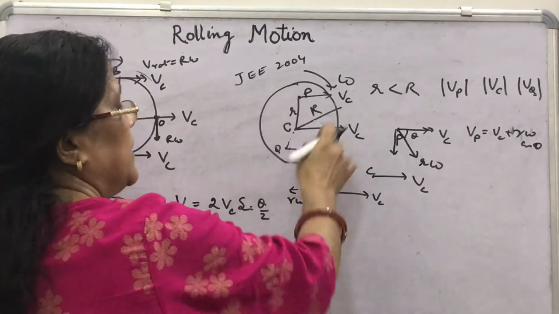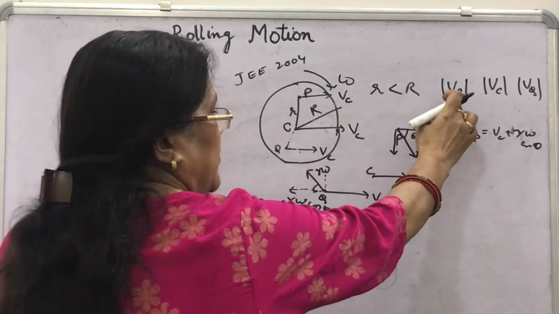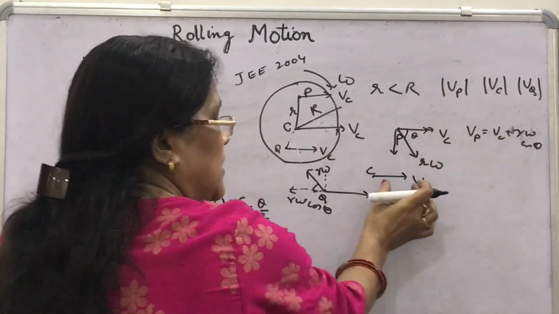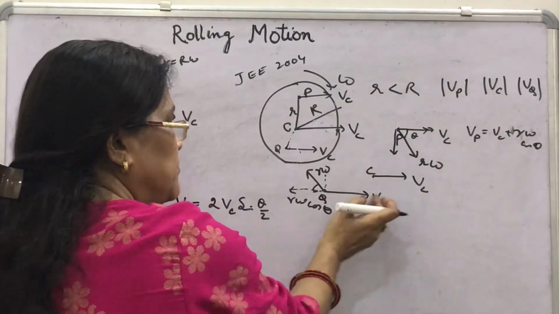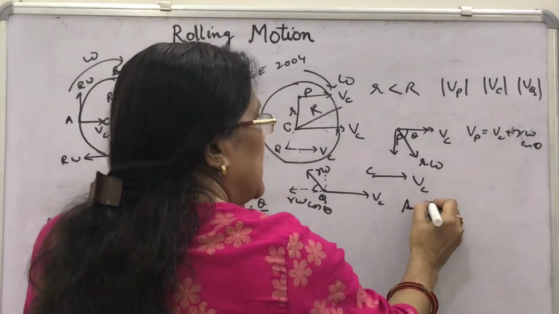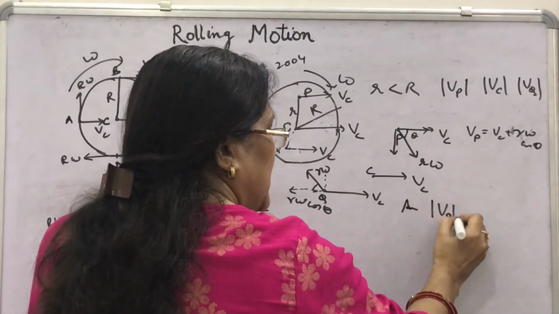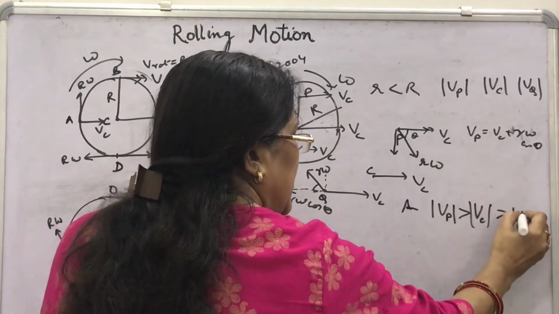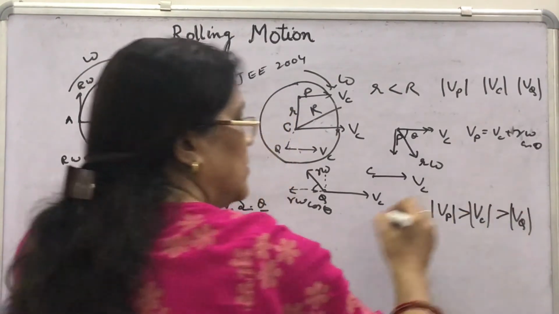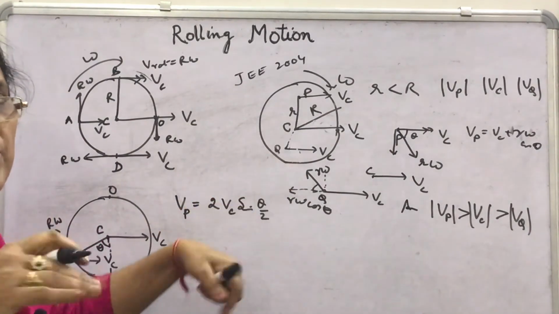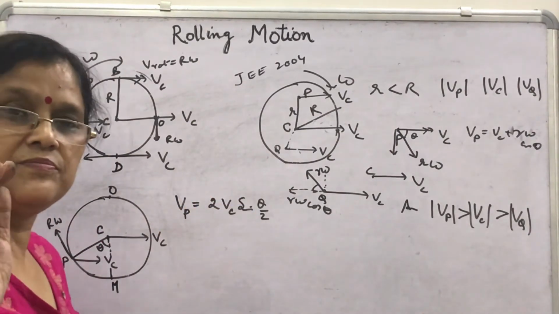No value is given, so you will find Vc plus some value, this is only Vc, and this is Vc minus some value. So the answer will be: first Vp, then Vc, and then Vq. In this way, if the concept is clear, you can calculate the velocity.